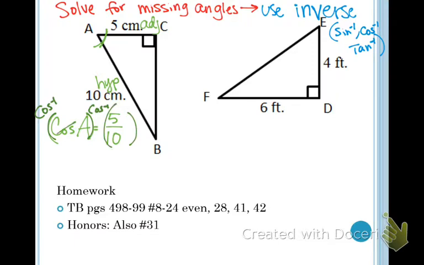And then what do you type in from there? 5 over 10, or 5 divided by 10, same thing. All right, and then what do we get? 60 degrees. Shift cosine of 5 over 10.